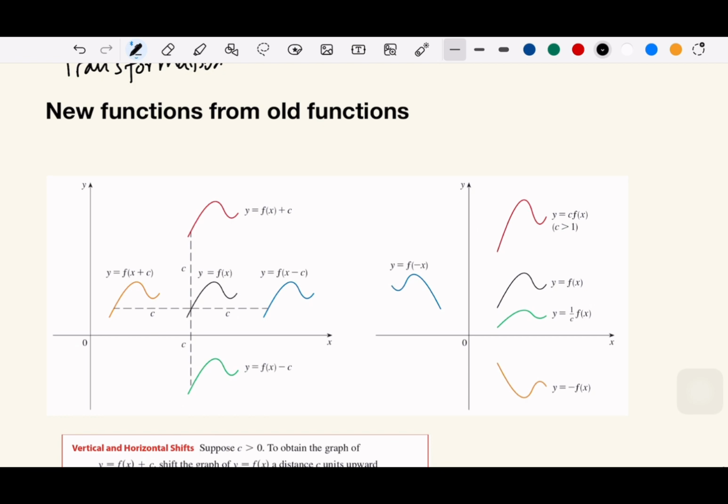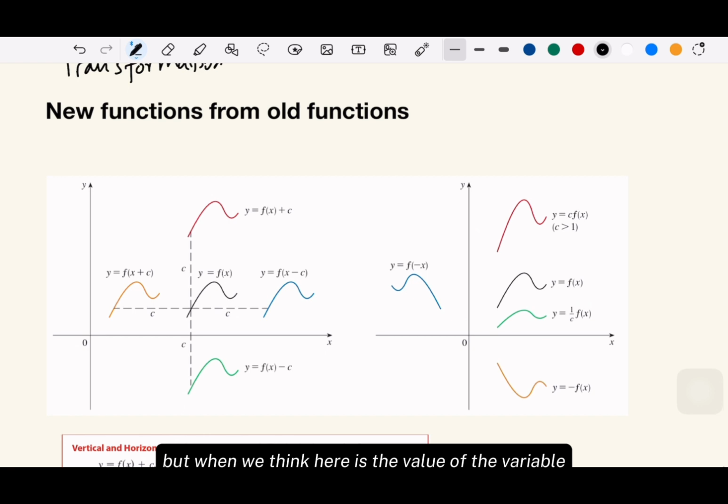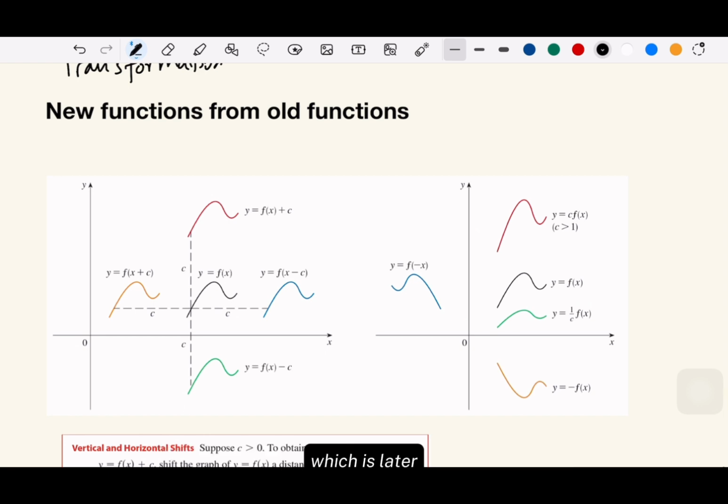Why is that? Remember, what we are moving here is the value of f, which is y. But when we take this here, it's the value of the variable, which later you will see is the inverse of the y, which means that this should be minus, and this should be plus.